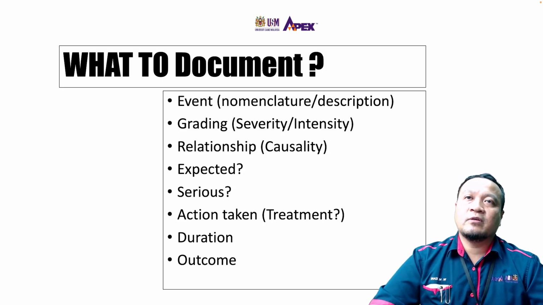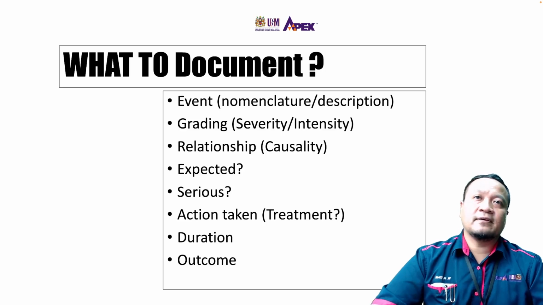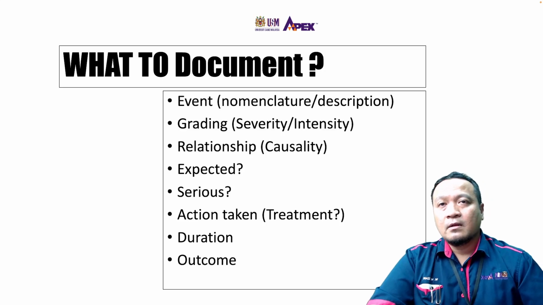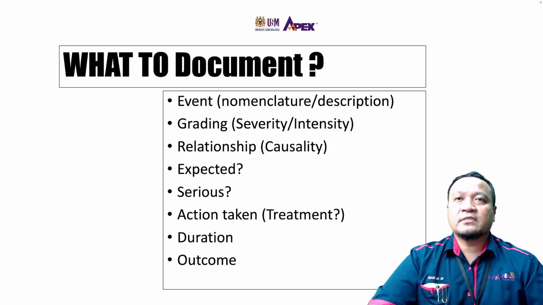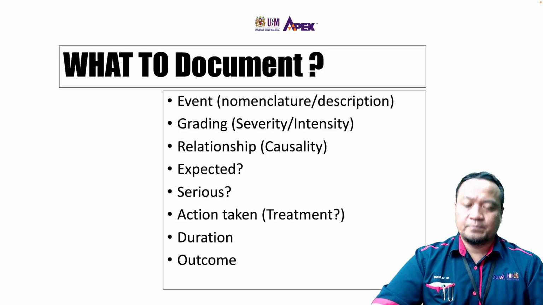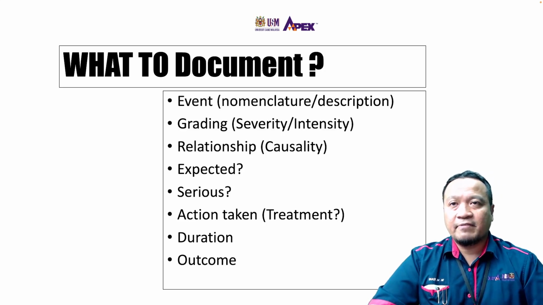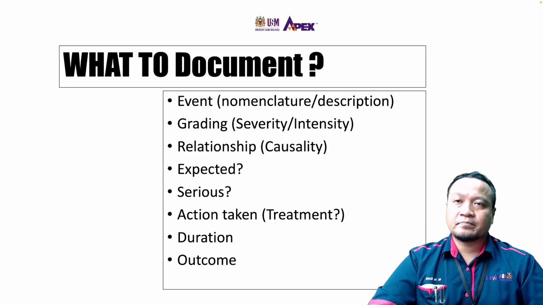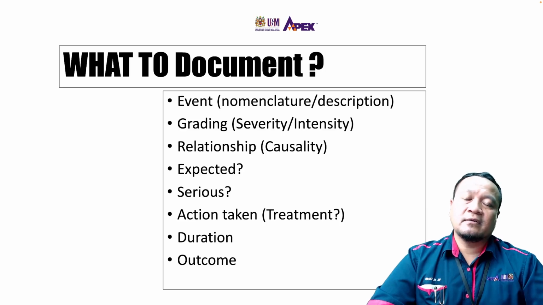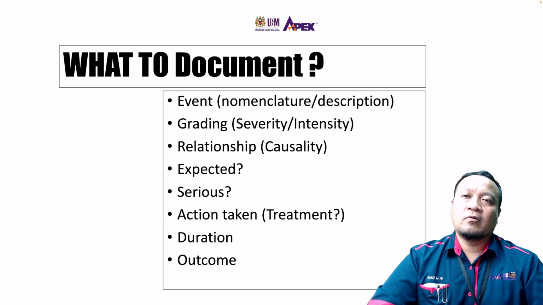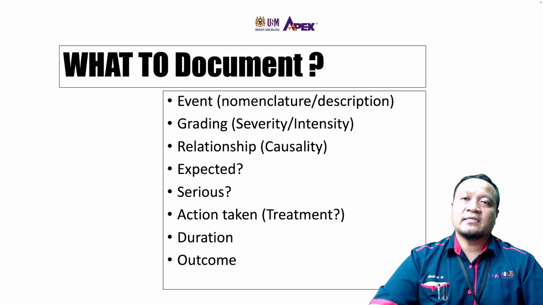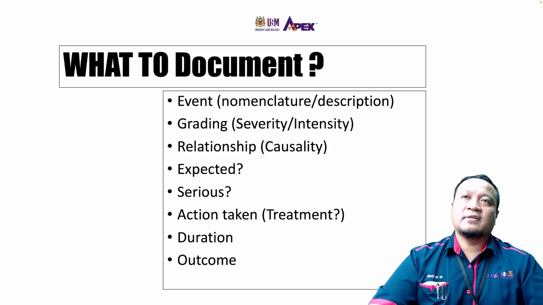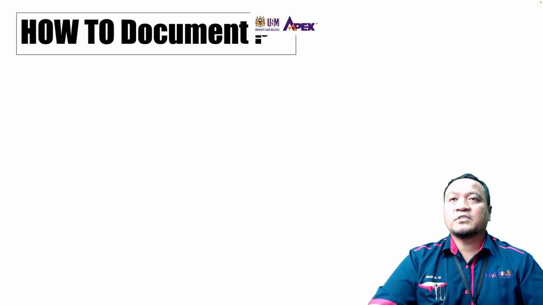And then we need to document the grading, severity, intensity, relationship, whether it's related to study drugs or not, causality, whether the event is expected or not expected, is it a serious event, what action was taken for that AE, how long was the AE, onset and duration, and the resolution of the AE, and what was the outcome.